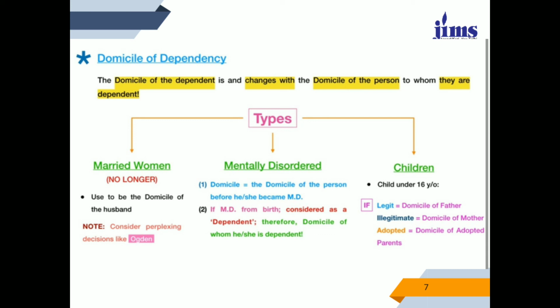We have already gone through the legitimate and illegitimate children's domicile. A legitimate child will have the domicile of the father, and an illegitimate child will have the domicile of the mother. And if any child is adopted, then he or she will get the domicile of the adoptive parents.